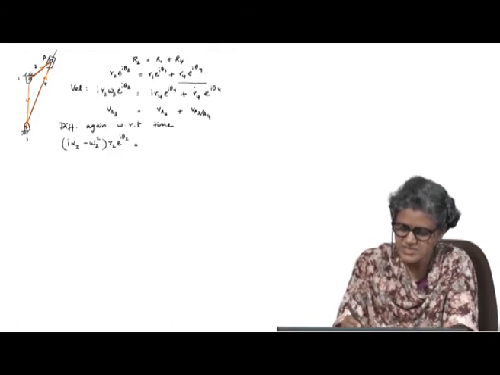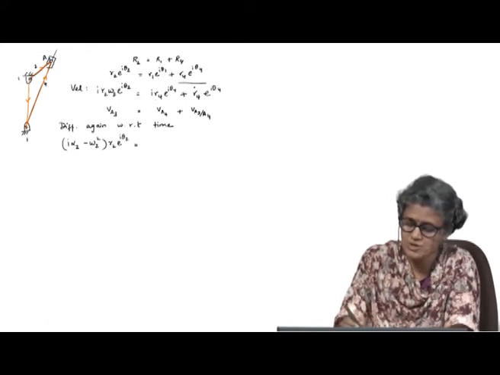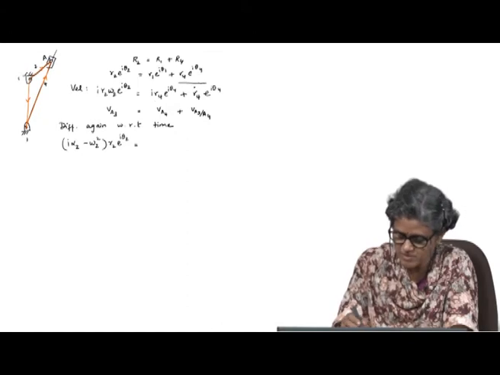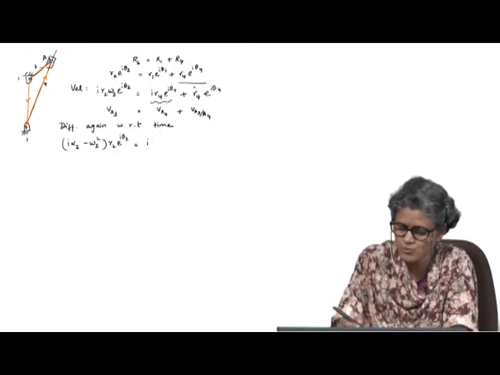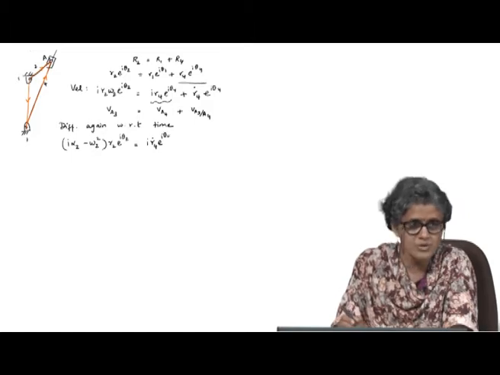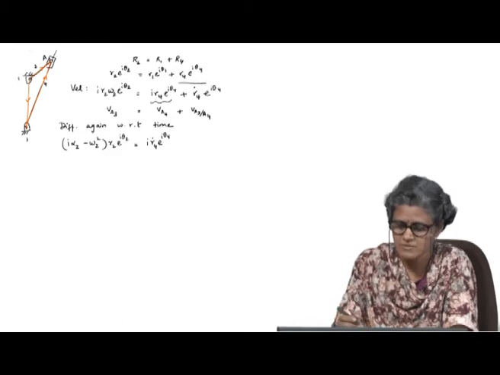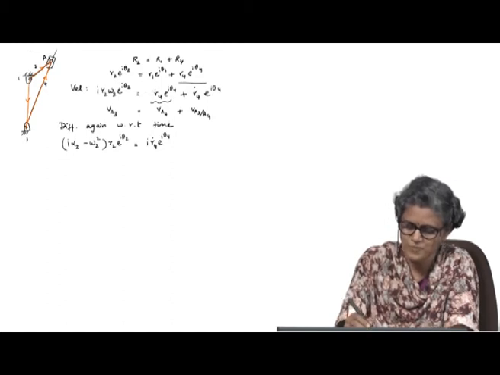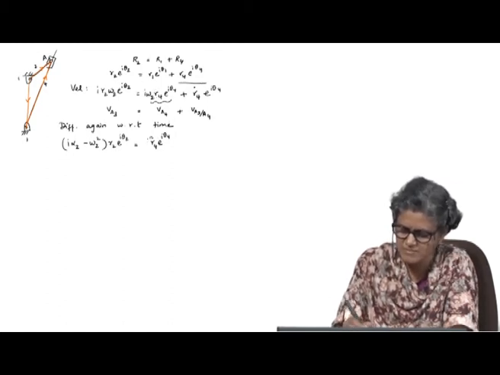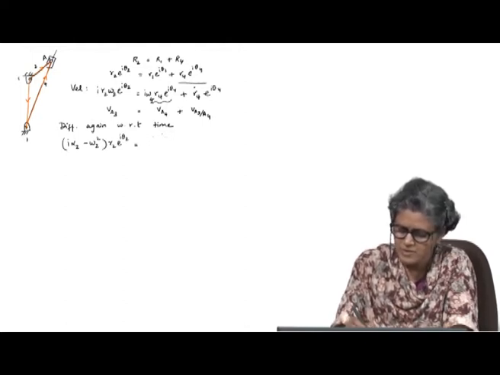Now, when I differentiate this, R4 is not constant, so I will get two terms. What are those two terms? i R4 dot e power i theta 4. First I keep theta 4 constant.